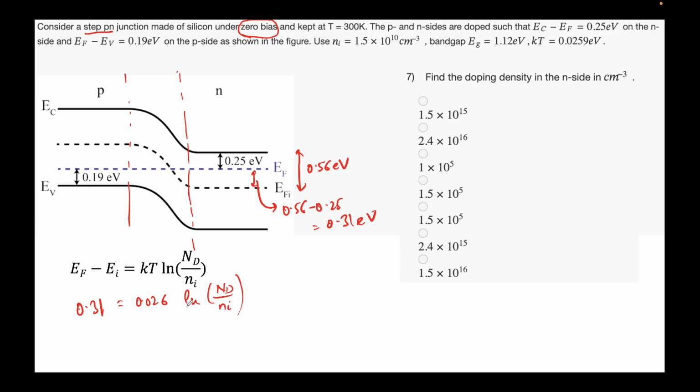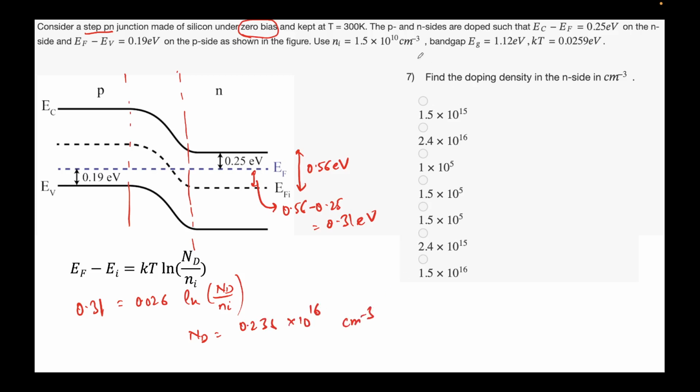So it's 0.31 divided by 0.026, and exponential of that, all right, and multiplied by 1.5 into 10 to the power 10. All right, so Nd is coming out to be 0.236 into 10 to the power 16.